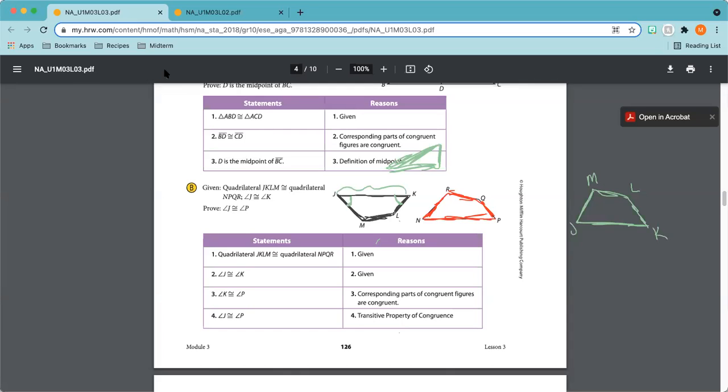Okay. So again, quadrilateral JKLM and the other quadrilateral are congruent. That's given to me. Now I know angle J and angle K are congruent because that's also given to me. Now, angle K is congruent to angle P. Is that one true?